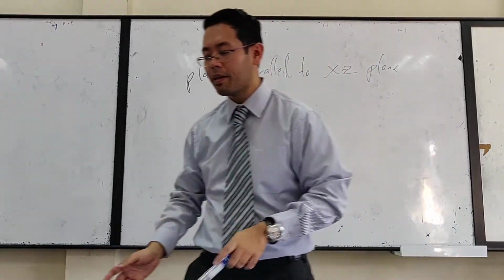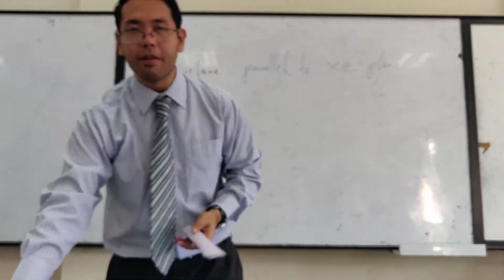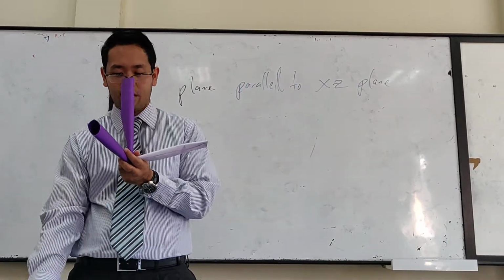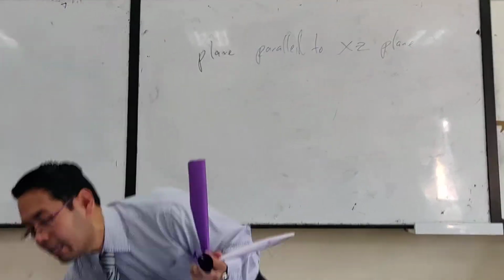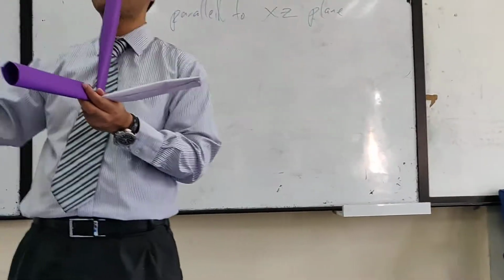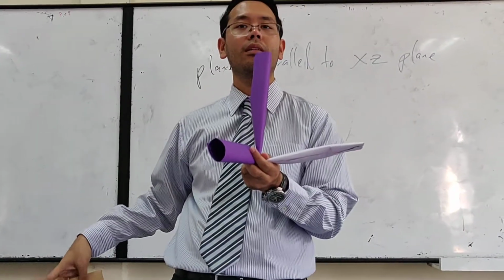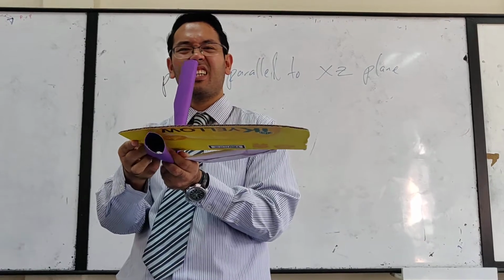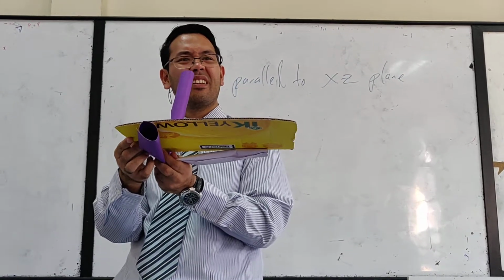How is the plane parallel to the XZ plane? Firstly, where is the XZ plane? X and Z, right? Our plane is going to be parallel like this. Are you guys okay with this one?